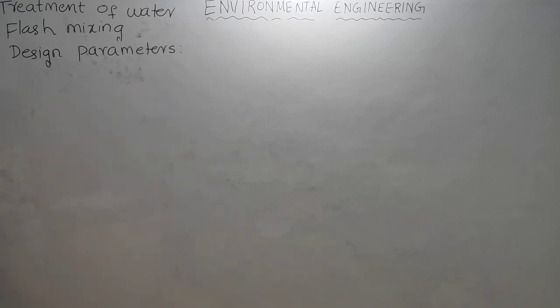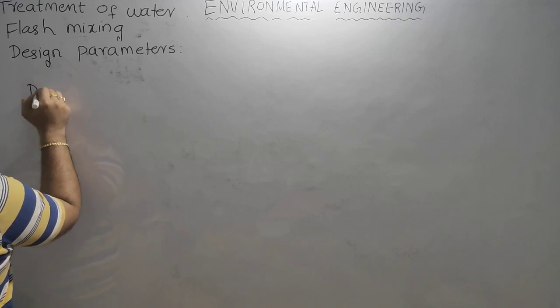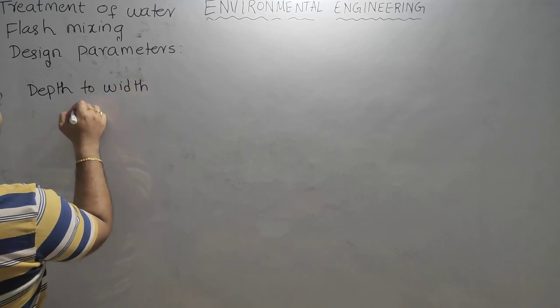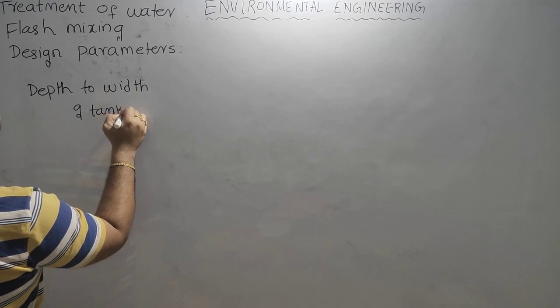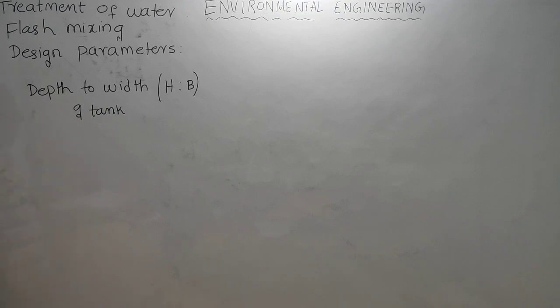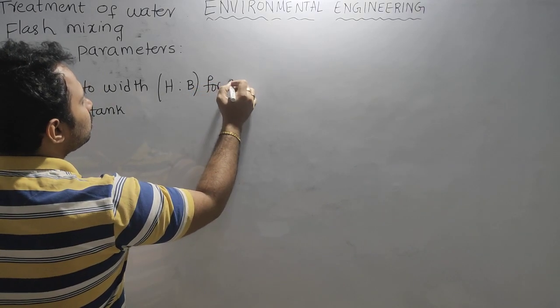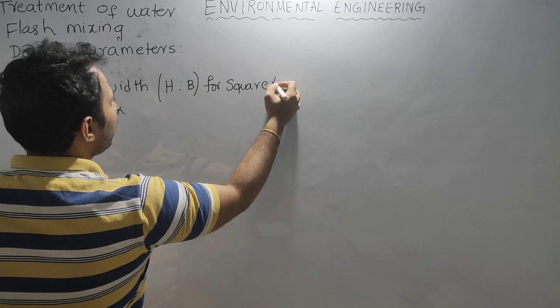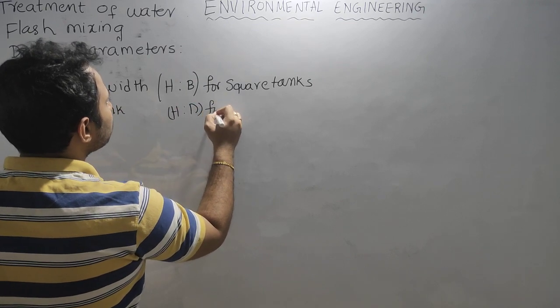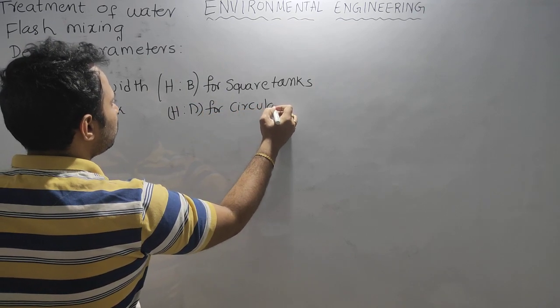Design parameters. See here, depth to width ratio of the tank, that is H to B for square tanks, and H to D for circular tanks.